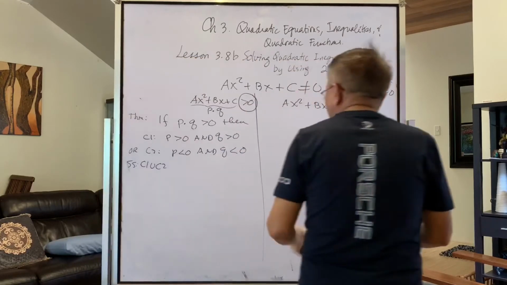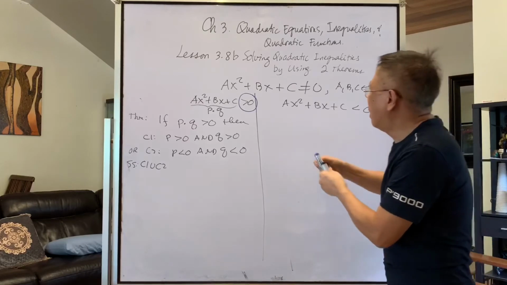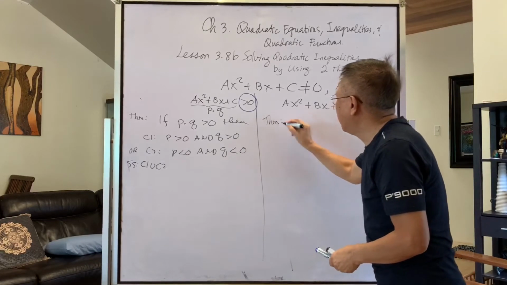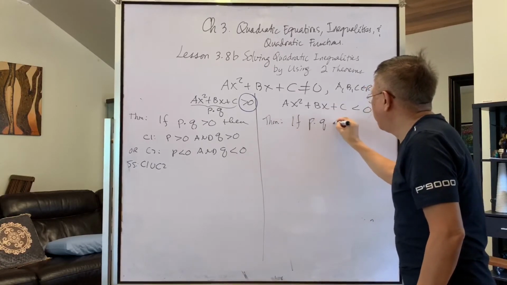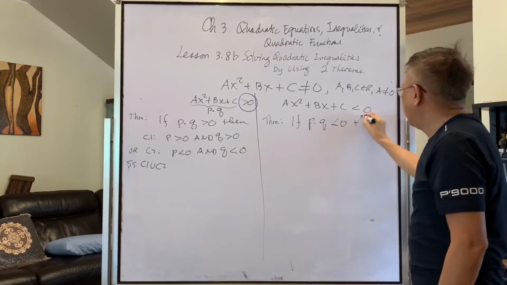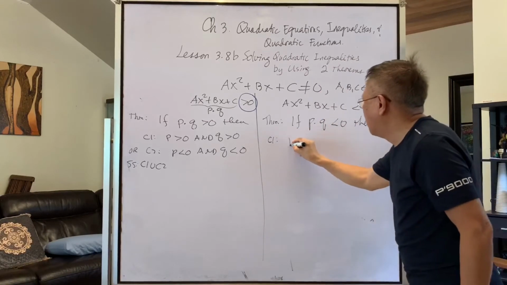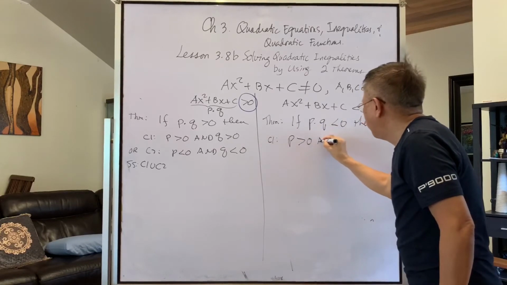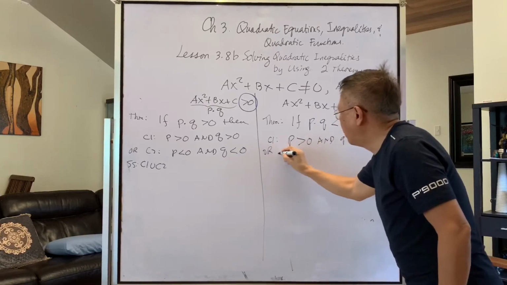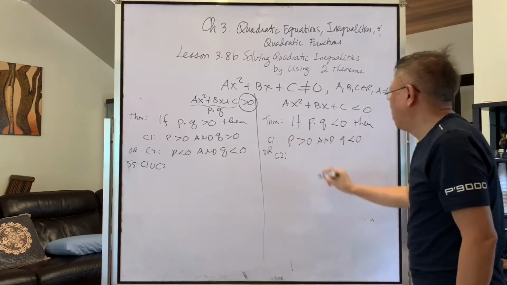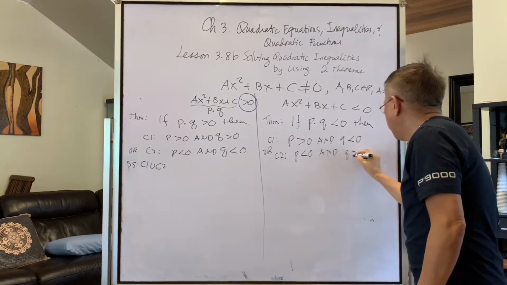Okay, what about if we solve this inequality? Then the theorem that we consider here is: if P times Q is less than 0, then case 1 is P greater than 0 and Q less than 0, or case 2, P less than 0 and Q greater than 0.